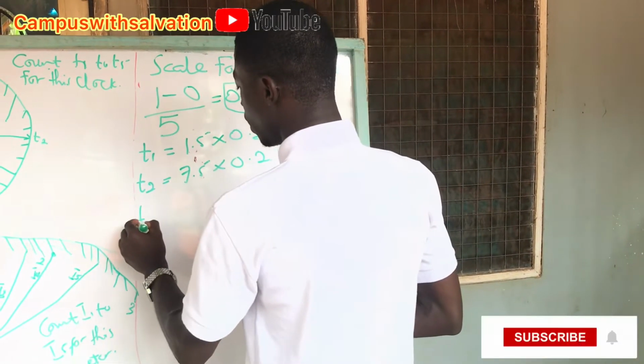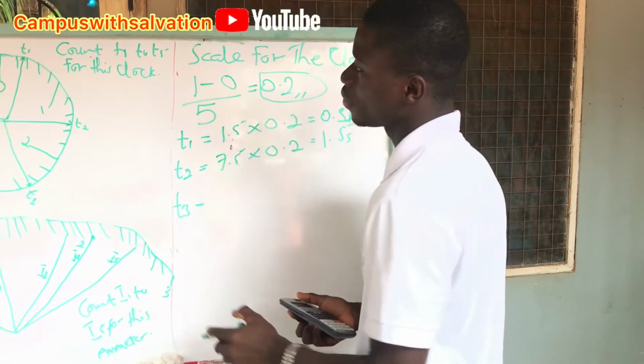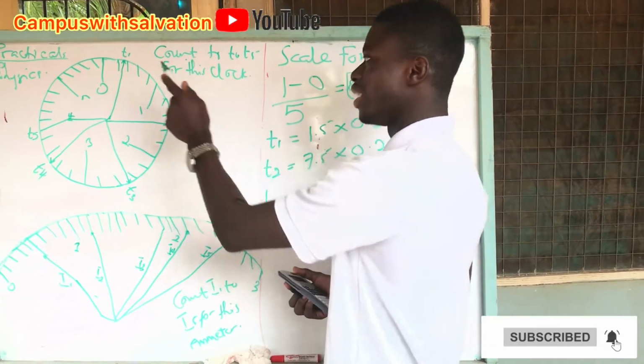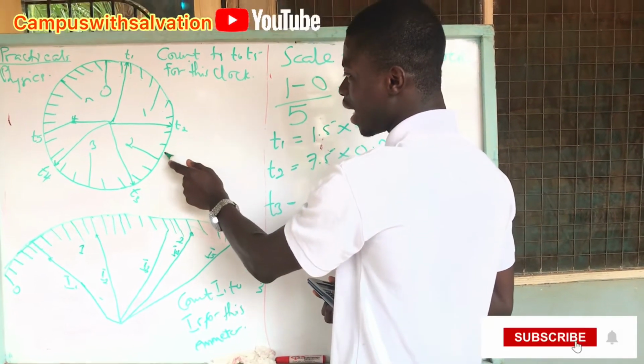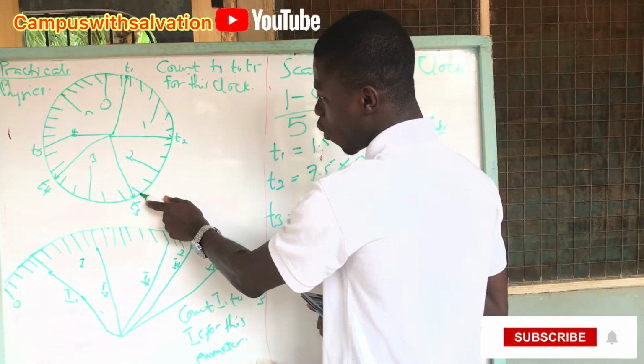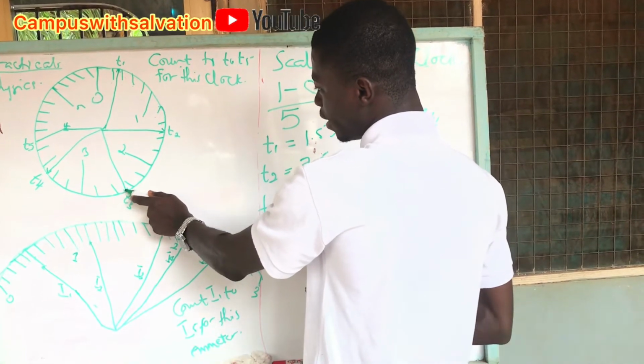Let's count for T3. So let's also start again. 1, 2, 3, 4, 5, 6, 7, 8, 9, 10, 11, 12. So in between the 12 and the 13 is half.